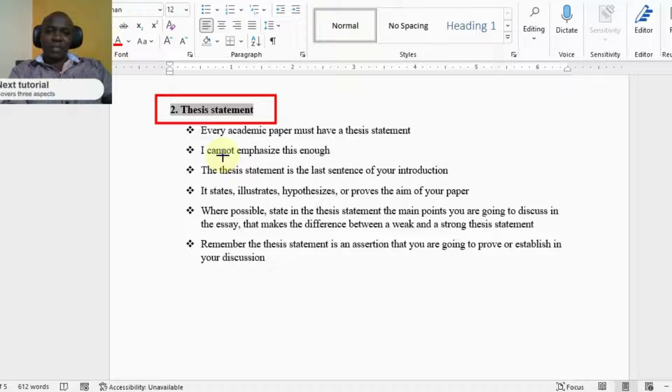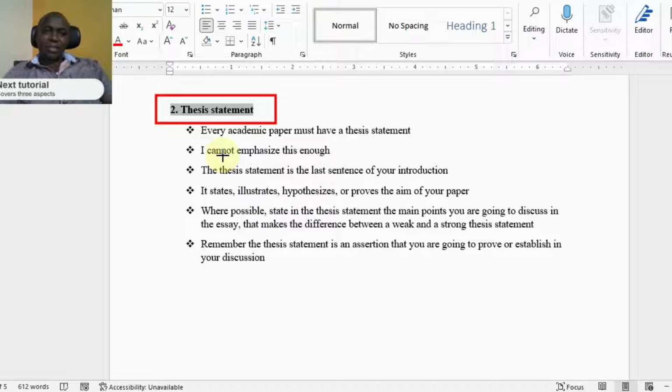By definition, it proves the aim of your paper. In fact, it declares the aim of the paper. Where possible, it also directs your audience to what you're discussing, where you are going in your essay. But also make a difference, as I said, between a thesis statement and a statement of purpose.